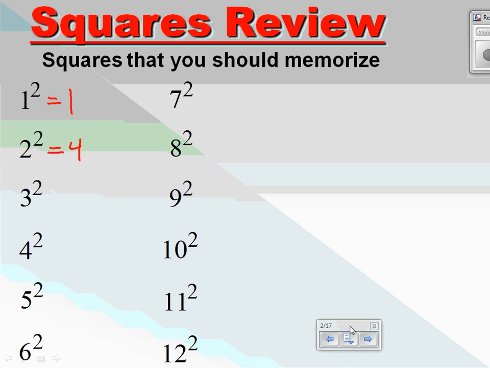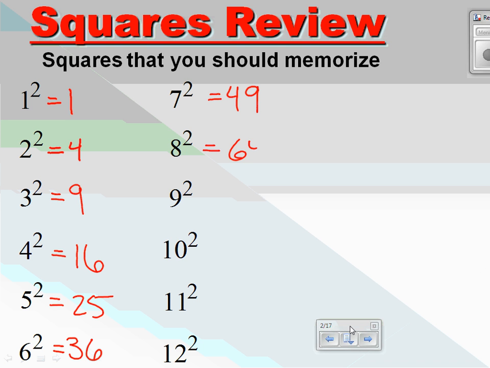So for 3 squared, it's 9. For 4 squared, it's 16. 5 squared is 5 times 5, which equals 25. 6 squared is 36. 7 squared is 49. 8 squared is 64. 9 squared is 81. 10 squared is 100. 11 squared is 121.